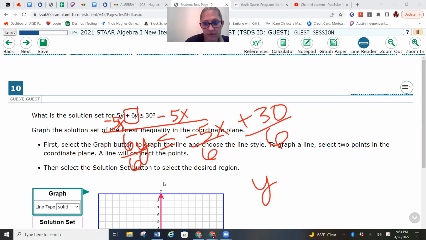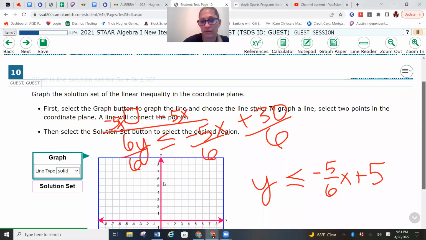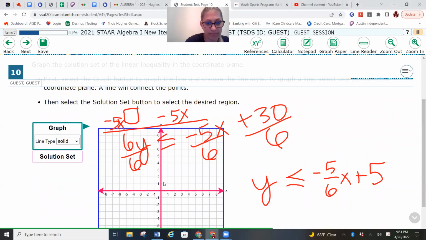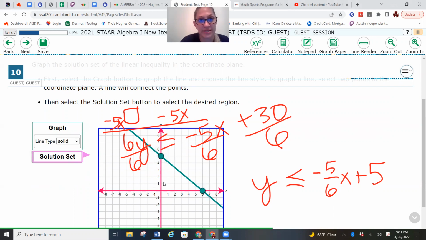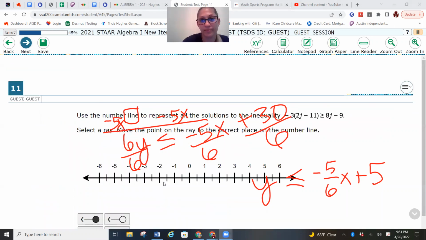So your answer is negative 5 over 6 x plus 30 divided by 6 is 5. So now I need to start at 5. I need to go down 5 over 6. I keep the line solid, and I say less than or equal to. Less means lower, save it, move to the next problem.